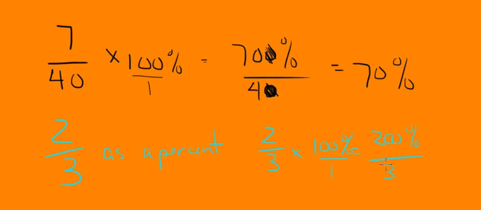And so now we have 200% divided by 3. When you divide that, you get 66 with the remainder of 2 over the 3 becoming the denominator. And that's a percent. 66 and 2/3.